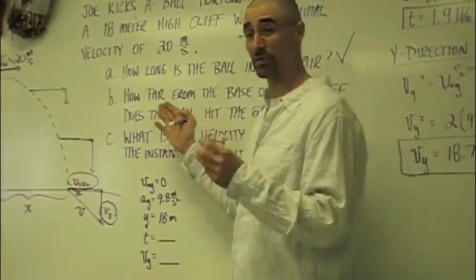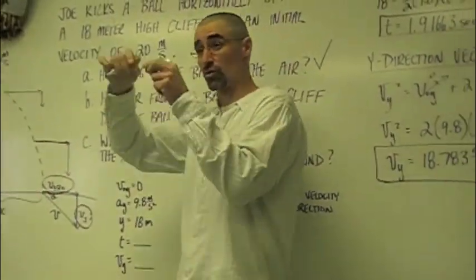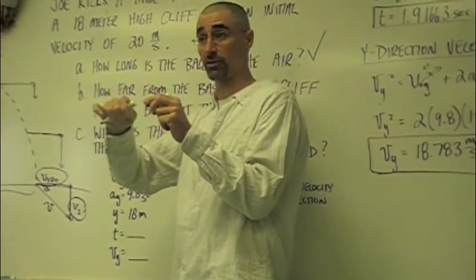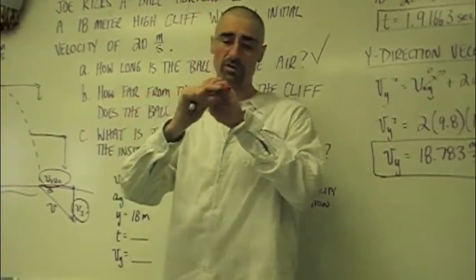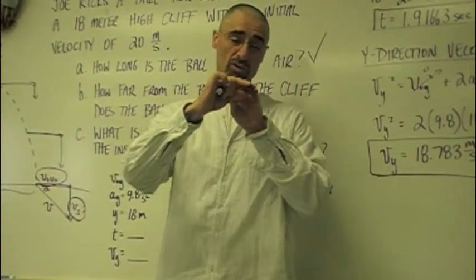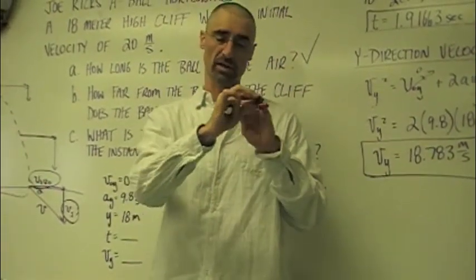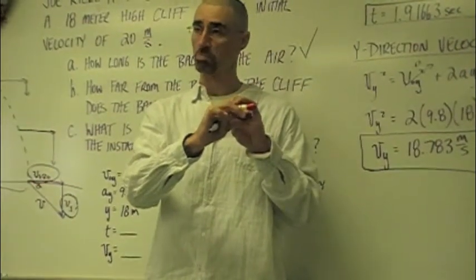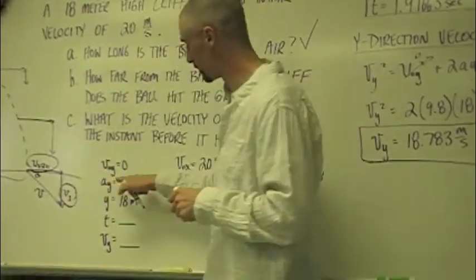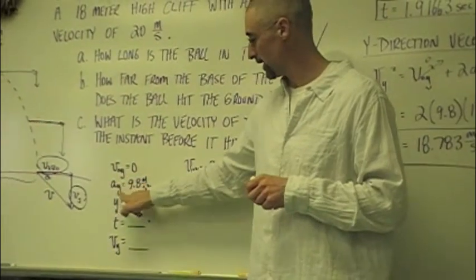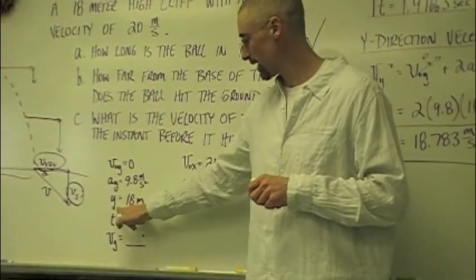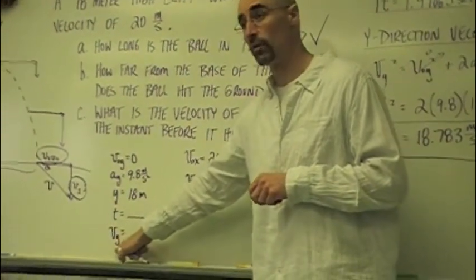It's no different than the rifle drop the bullet problem that we talked about last week, where if I shoot the rifle and the bullet comes out horizontally, are they going to hit the ground at the same time as one I just drop? Okay, so really, that's all we're going to do. We have v naught y, a y, we have y, and then we're looking for vy.